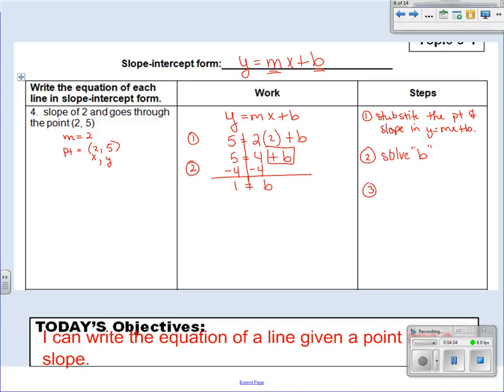Last step is we are now going to substitute the slope and the b into y equals mx plus b. So our step 3, we now know our slope is 2, our b is equal to 1, so our equation is y equals 2x plus 1.